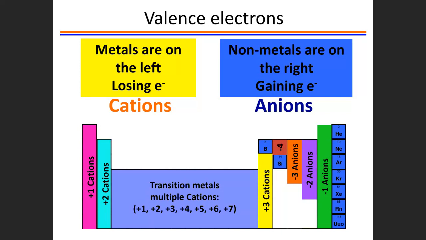That means copper can donate either 1 or a maximum of 2 electrons. That's how, when we learn the names of oxides, we find cupric oxide and cuprous oxide. We also find iron, 2 or 3 maximum, so ferrous and ferric. These are the transition metals or multiple cations.